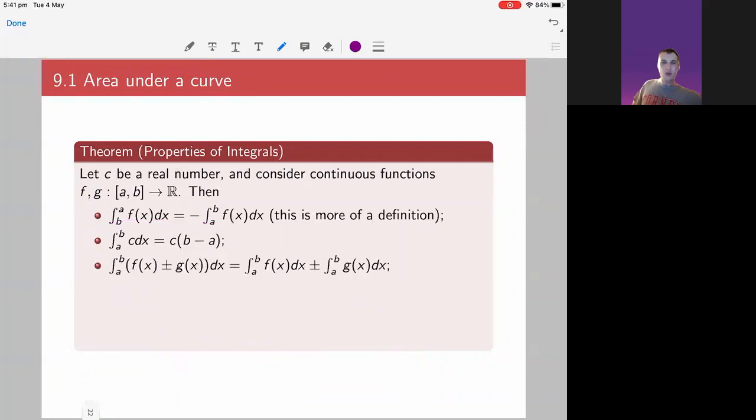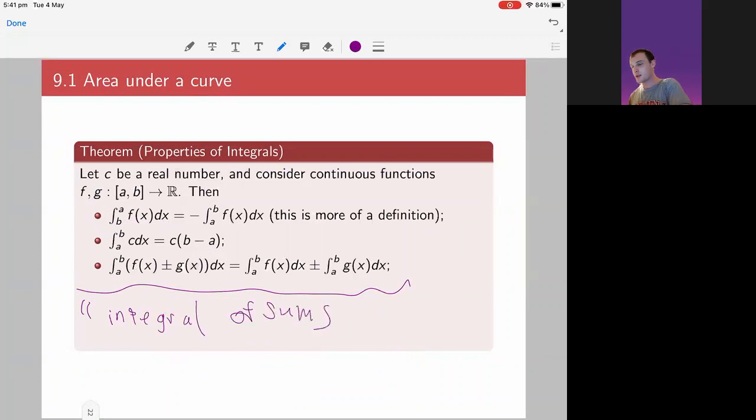Okay, we have the usual sum thing. So in words, you know what's going to come here. The integral of a sum is the sum of the integrals.